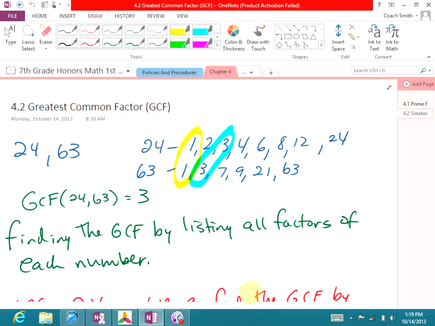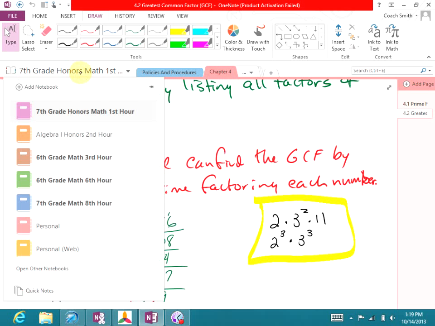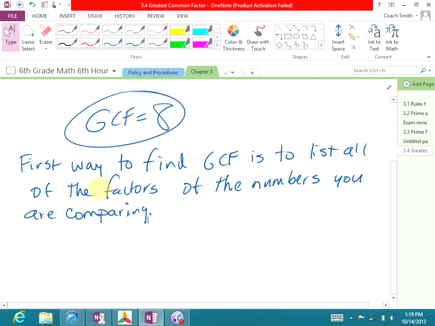Those weren't actually two of the numbers they had in their homework. Our second set of numbers was 198 and 216. So we have to know another way, because it would be very time-consuming to list all of the factors of 198 and then list all the factors of 216 and then compare them. So there's got to be a shortcut, and there is a shortcut.